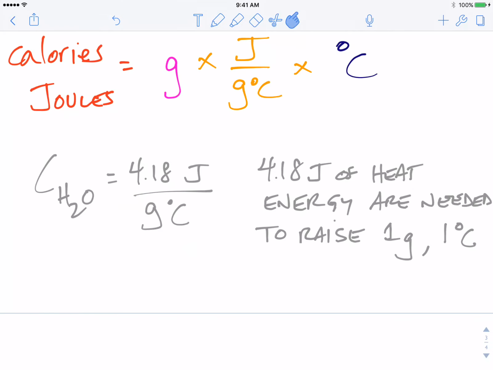And like I mentioned, there's lots of different implications of this. The specific heat will tell you how fast something heats up and cools down. What we're going to learn a little bit later is that water takes a long time to heat up, but it also takes a long time to cool down because its specific heat is very high. Most metals are going to be less than 1 for their specific heats, and so they're going to tend to heat up quickly but also cool down quickly.